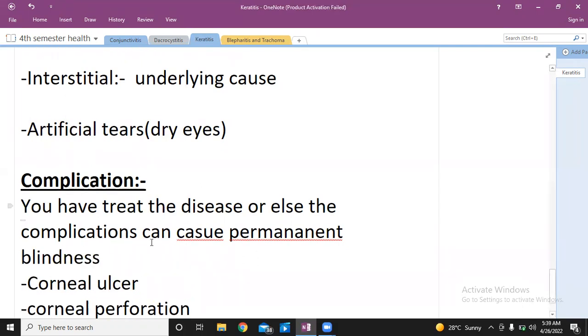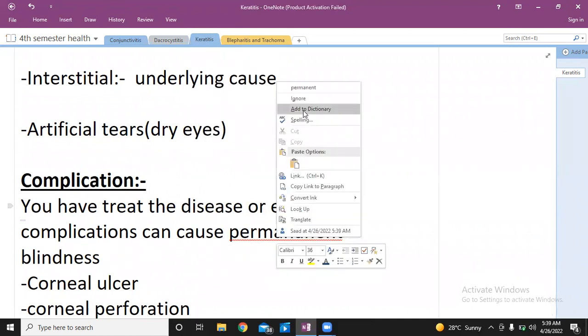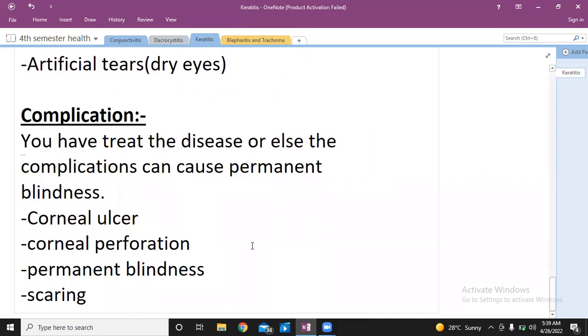Understand? It should be treated very much on an urgent basis. And if the underlying causes are not treated, it will lead to permanent blindness. So do not take it to that point. Treat it as early as possible.